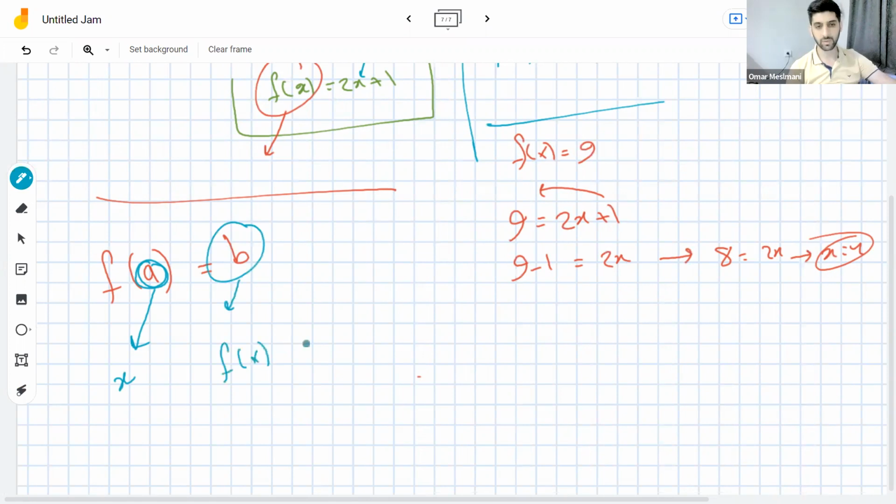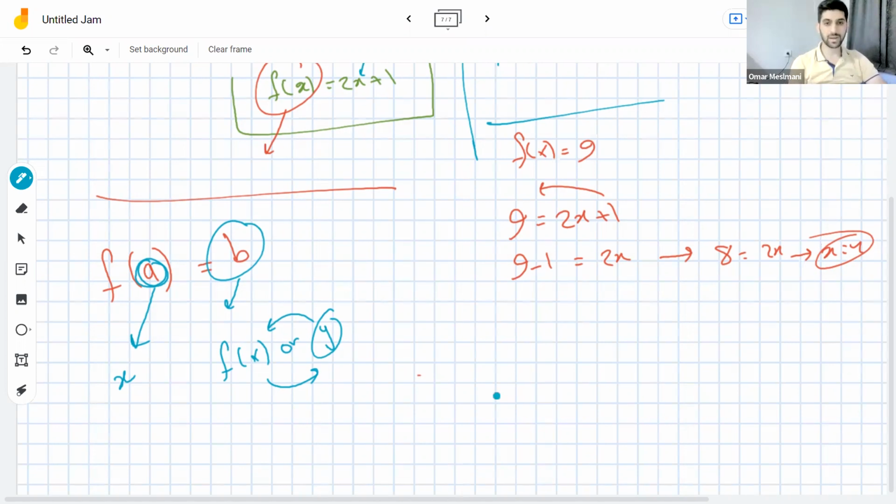Or we can say it's y. y and f(x) are exactly the same. That's a very important concept. f(a) equals b: a is for x, and b is for f(x) or y.